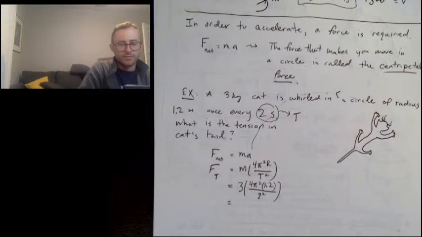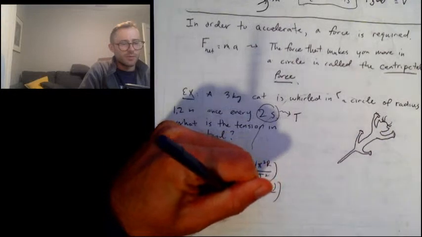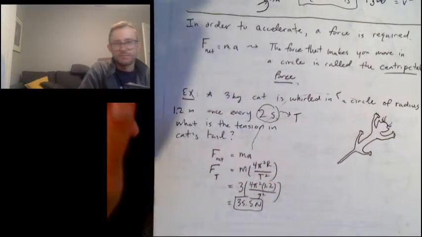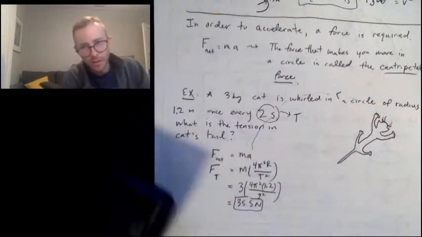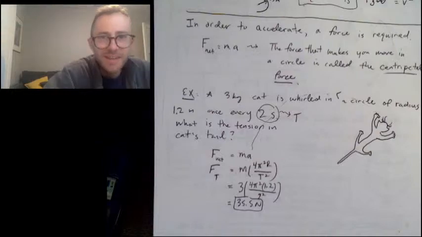Crunch the numbers, and I get that the tension is 35.5 newtons. It's actually not a lot of tension, so I think the cat's going to be okay. Wasn't that nice?